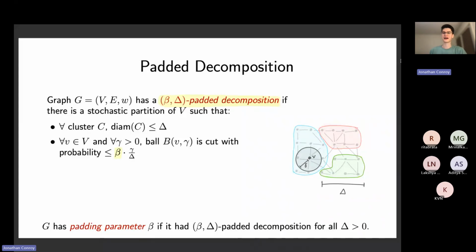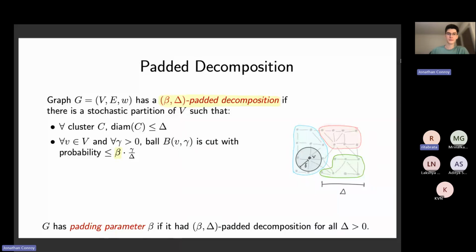By cut, I mean there are vertices that belong to two different clusters. So with probability at least 1 minus beta times gamma by delta, this entire radius gamma ball is contained within some cluster. The important parameter is this beta, of course, and we say that the graph has padding parameter beta if we can construct these beta, delta padded decompositions for any choice of delta.